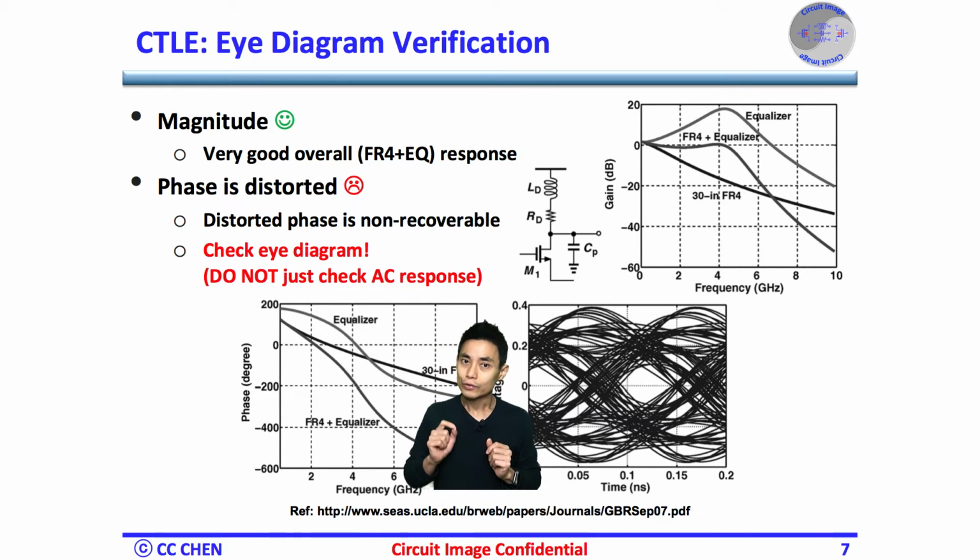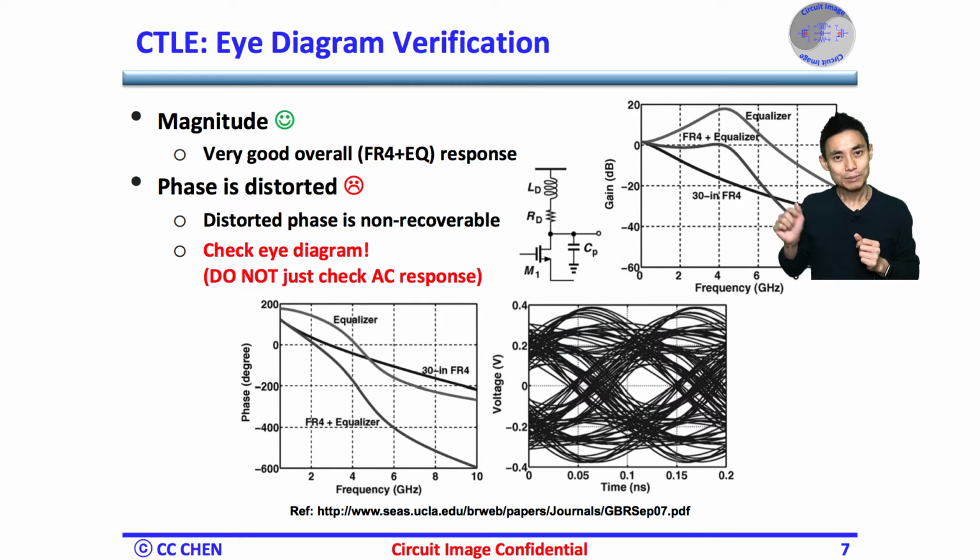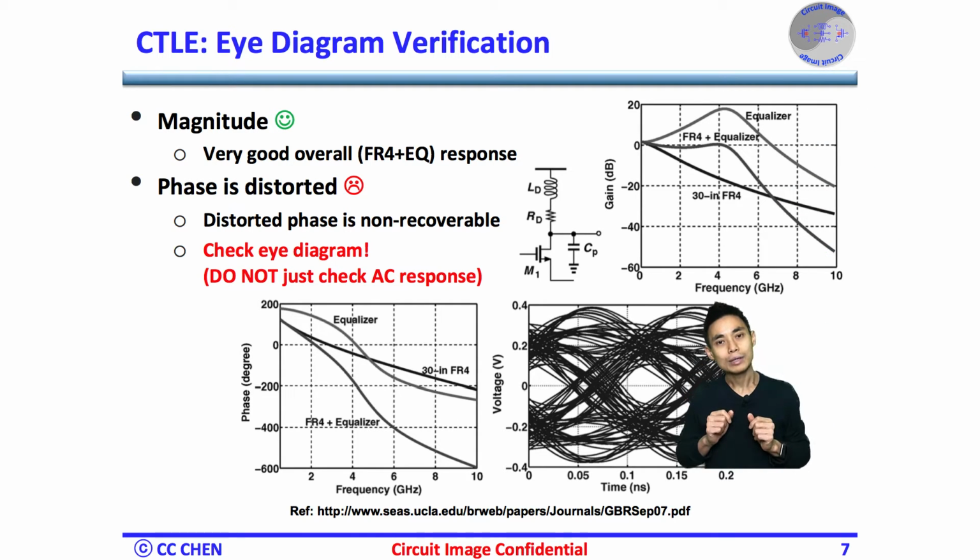This is a soft reminder for all CTLE designers. We are likely to run into the same issue as the paper mentioned, spending lots of time optimizing the AC response without looking at the eye diagram at all, and finding the eye width is bad after a few weeks of design time.